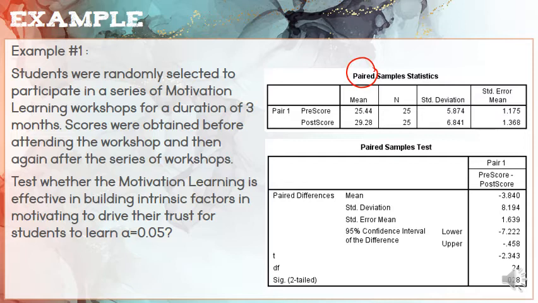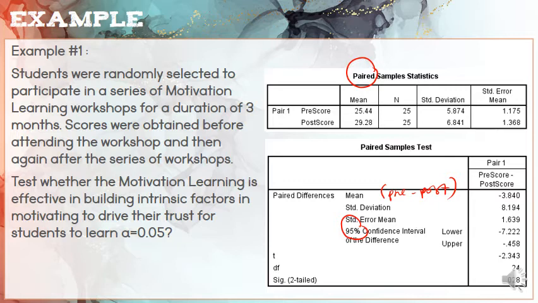So dia bagi you mean untuk pre-score and post-score. So from here kita dapat tengok the paired difference. Okay, mean adalah negatif 3. Mana dia dapat? Dalam kes ini, dia dapat negatif apabila dia buat pre tolak post score. Okay. Dia bagi you 95% confidence interval.